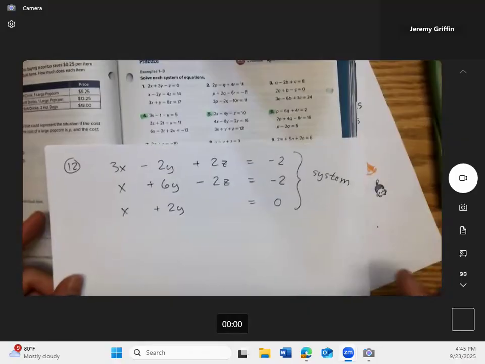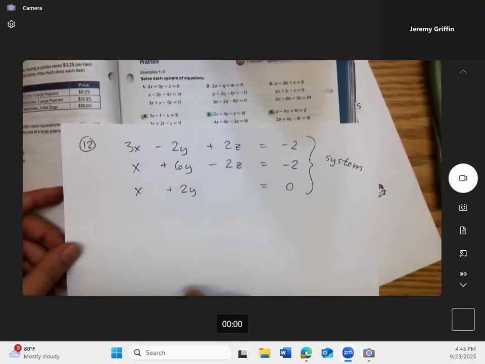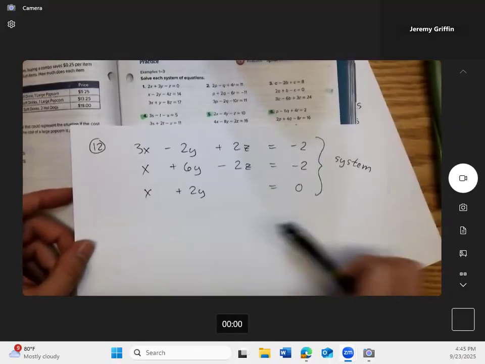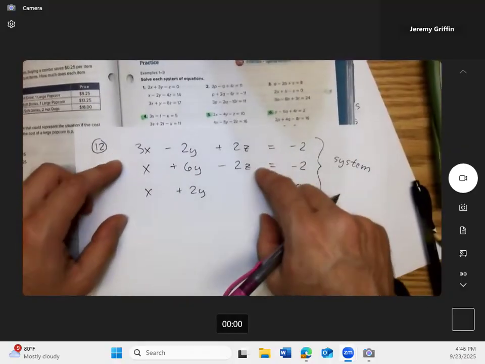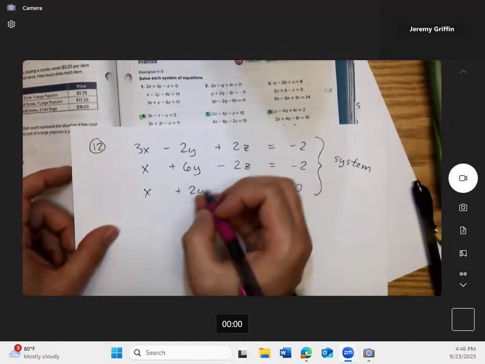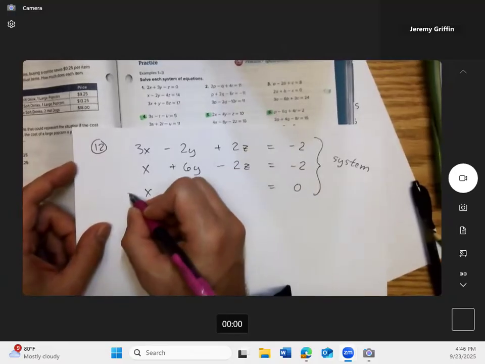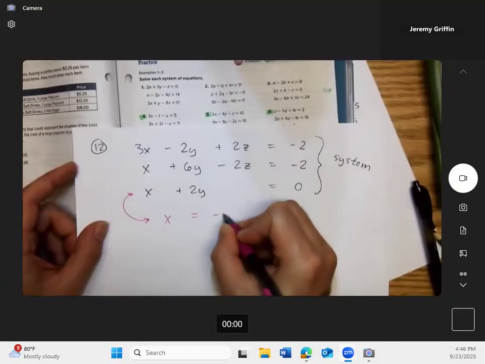Again, there are many different ways to solve this: substitution, elimination, and so on. How about this? If I add the top two equations together, the z's immediately eliminate, and that would be a nice option. While I'm at it, I could rearrange the bottom one and say x equals -2y.